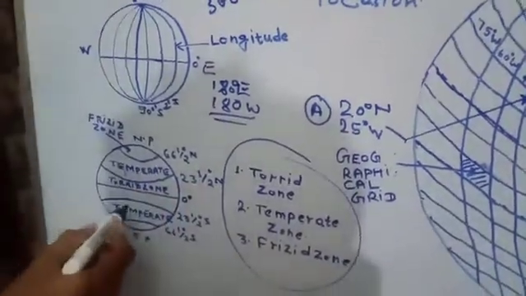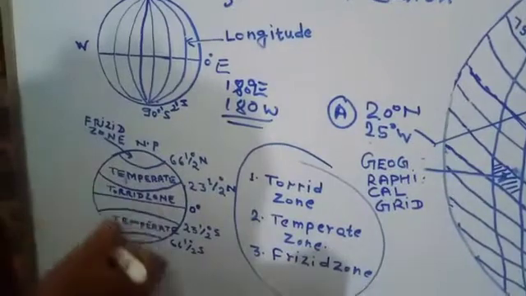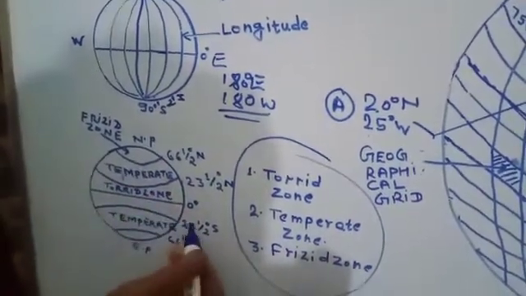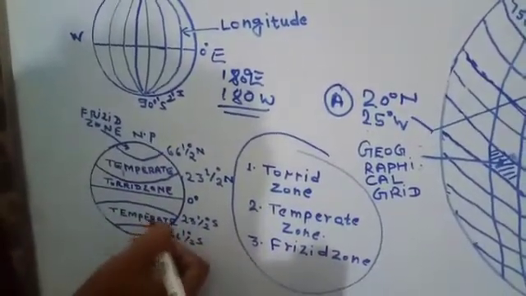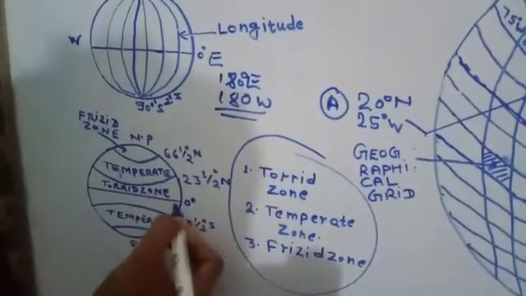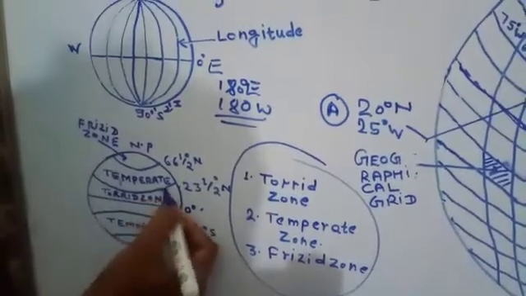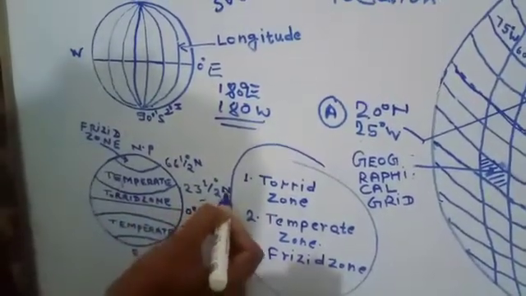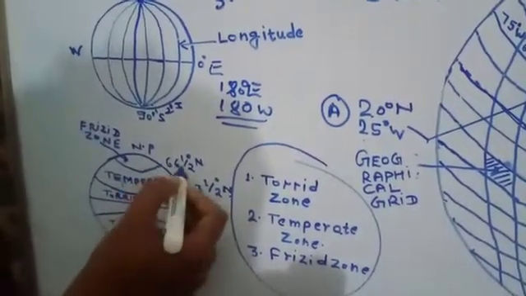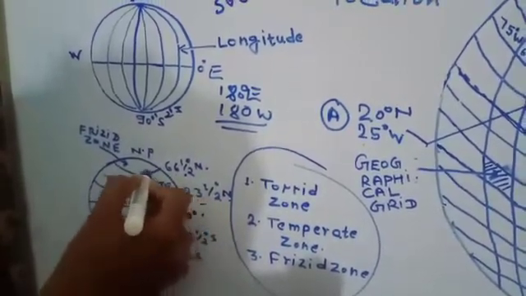So you can clearly see, for dividing our whole earth surface into different climatic zones, we have to take 5 important latitudes. First of all, 0 degree equator, then 23.5 degree north, Tropic of Cancer, then 66.5 degree north, Arctic Circle.